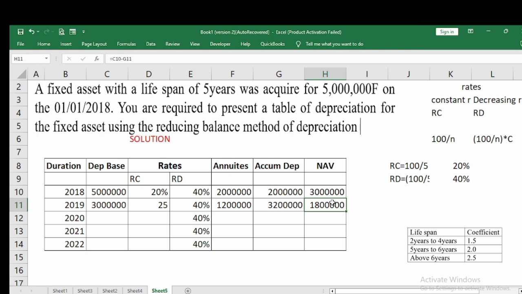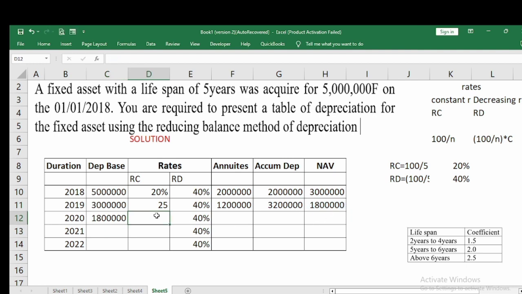But the rates are calculated based on the amount that we have with respect to the various years. But the NAV is calculated with respect to the original value altogether. So the amount that we have here will still equal the amount at the end of the year for your 2019. Awesome. All right.